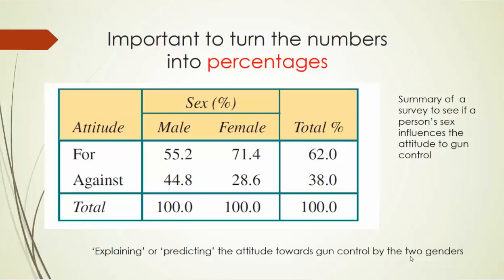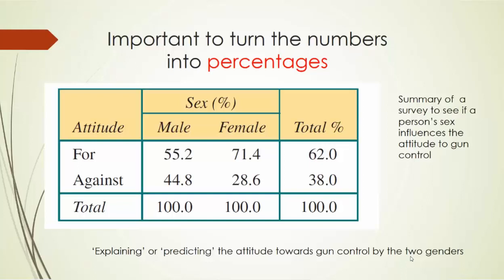So these numbers here add up to 100 because this tells us 62% of people in general, male or female, are in favour of gun control and 38% are not. And then can you tell, having done that, whether there is an association? Just looking at the 4 numbers in the middle.